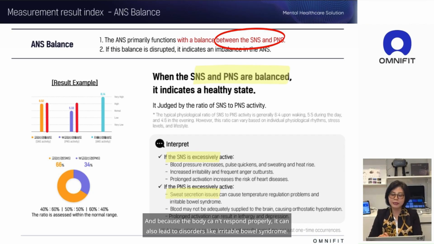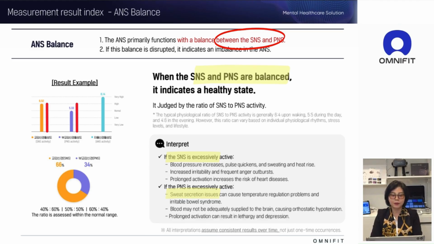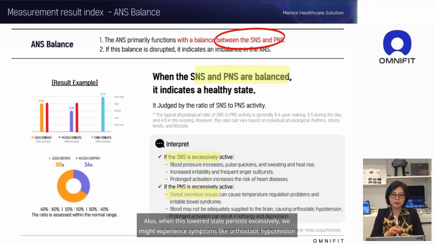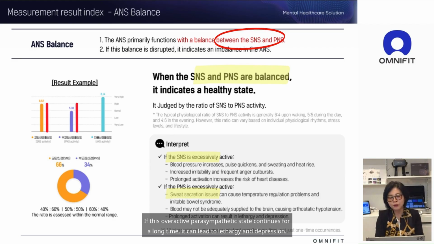And because the body can't respond properly, it can also lead to disorders like irritable bowel syndrome. Also, when this lowered state persists excessively, we might experience symptoms like orthostatic hypotension. If this overactive parasympathetic state continues for a long time, it can lead to lethargy and depression.